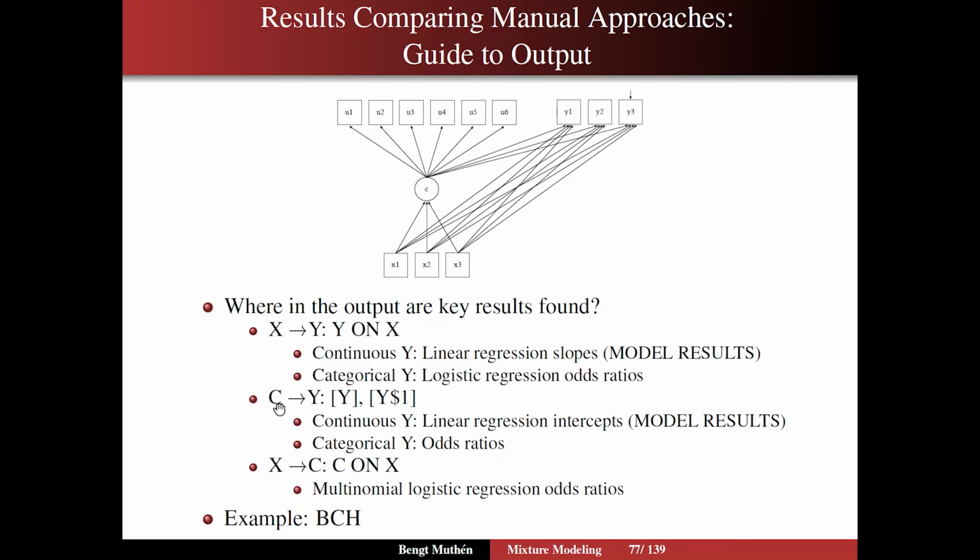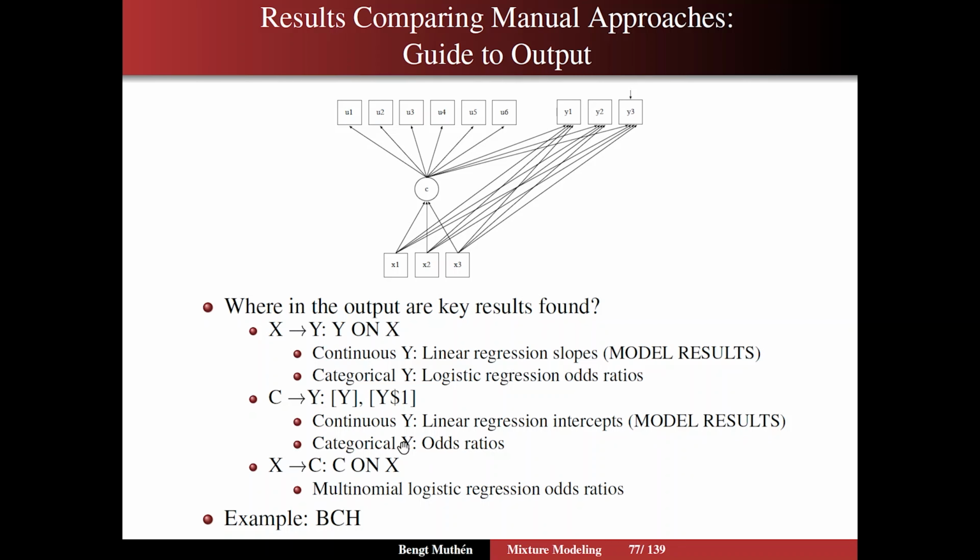For C influencing Y, those arrows, what we're looking at are intercepts for Y or thresholds for Y. With continuous Y, these are the linear regression intercepts, that is the brackets for Y, which are shown in the regular model results section.